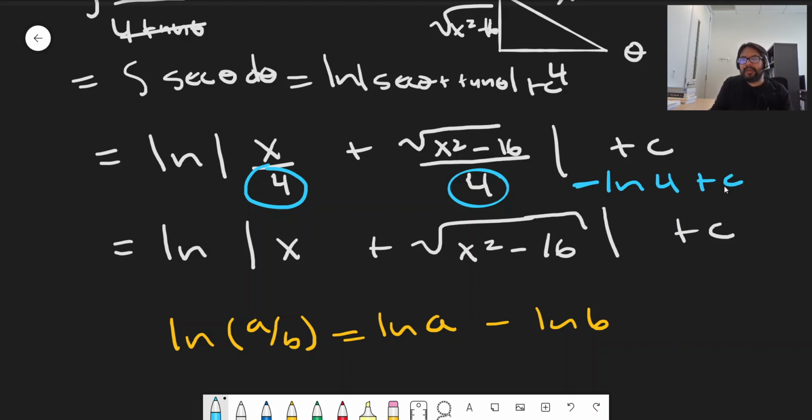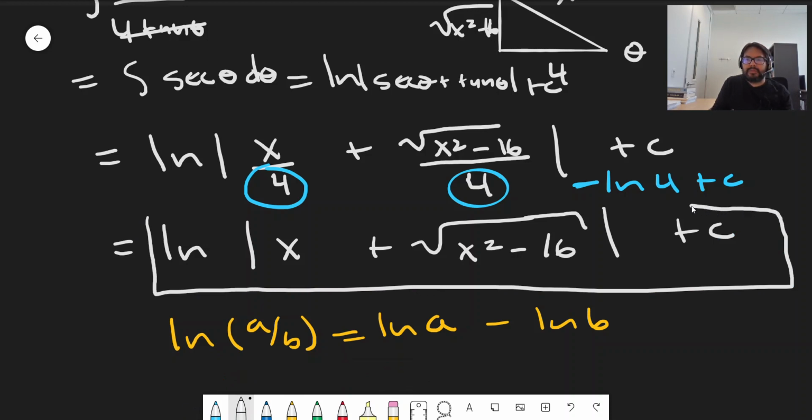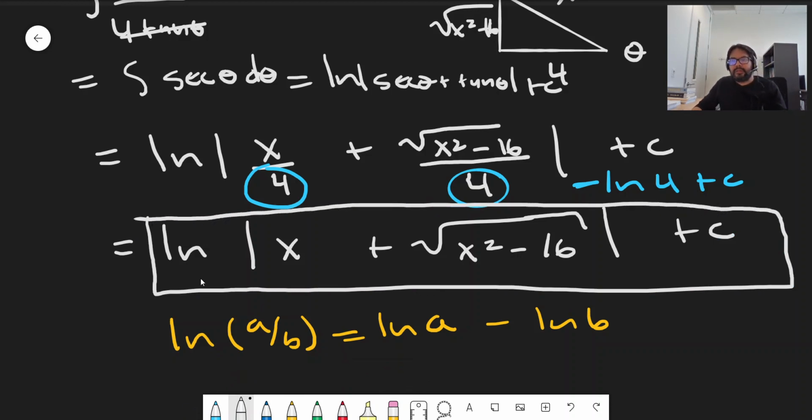But this is also a constant. So in either case, the solution is also the ln of x plus the square root of x squared minus 16, plus c. Technically, all of this will be positive though in either case.